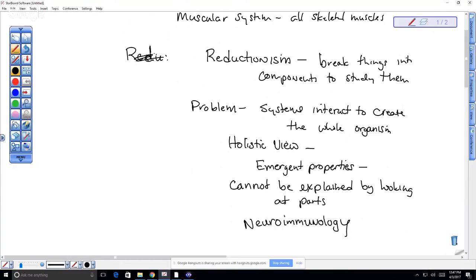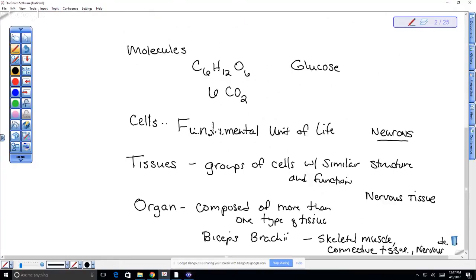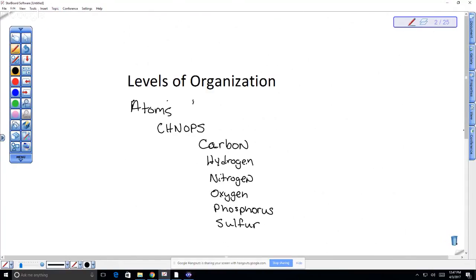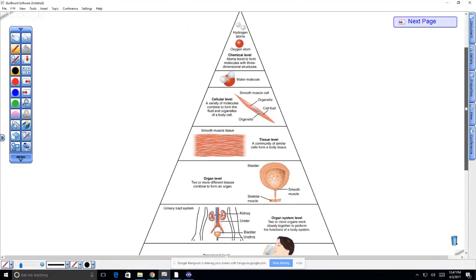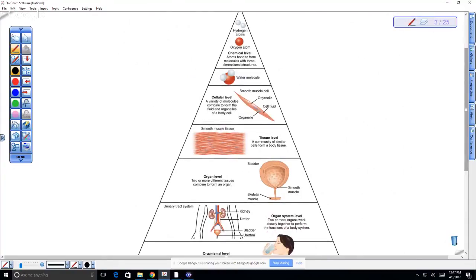Then at the highest level we have the organism. From systems, the next level would be the organism, and in us, it's individuals. Levels of organization. In your book, there's a diagram that shows this, showing how as we go through, we're adding layers. An example of an organ would be the bladder, then the urinary system, and then the organism.